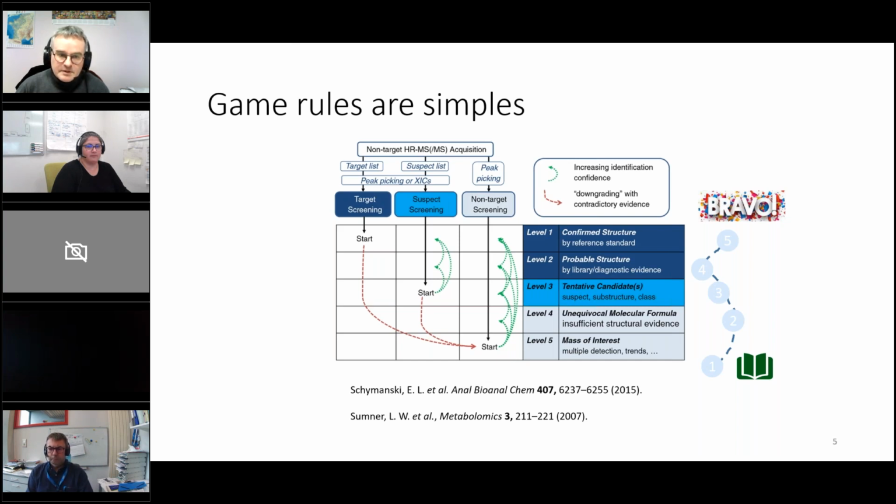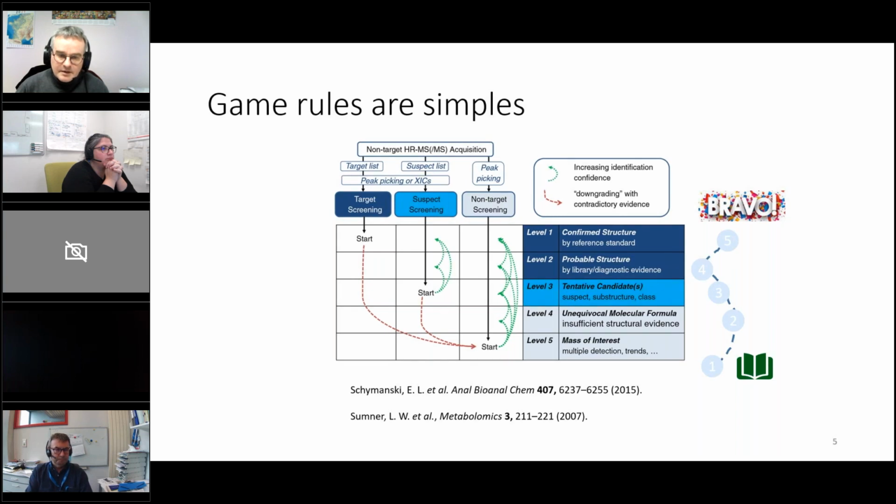But usually in our untargeted approaches in metabolomics and lipidomics, we may start at level 3 with some candidate from a suspect list, and then we try to go to level 2, and the goal is to go to level 1 with a confirmed structure and even to a better level.